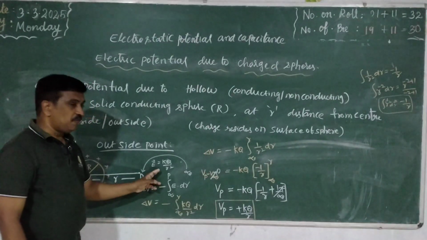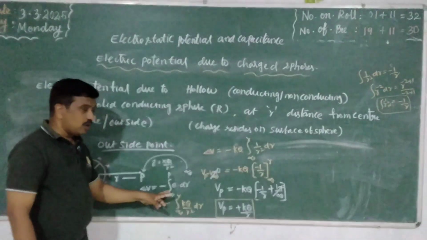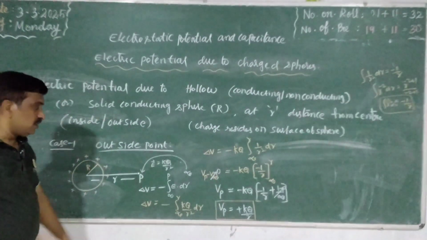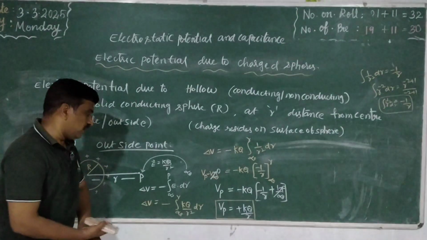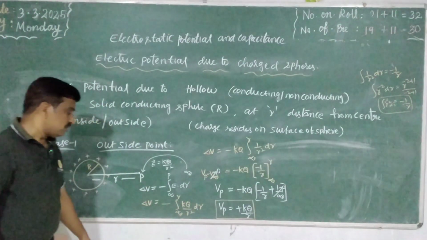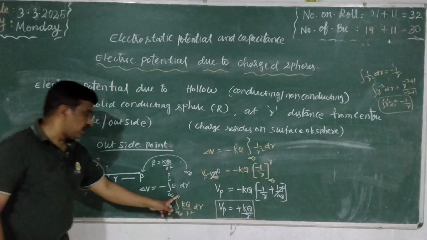E means the electric field due to the charge, so that is KQ by r square. We discussed this in the previous lesson. Instead of E, we write KQ by r square with dr. Integral from infinity to P, where P means any distance, so we write r here.